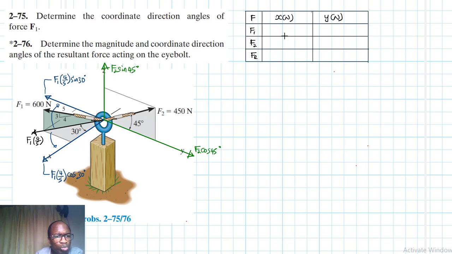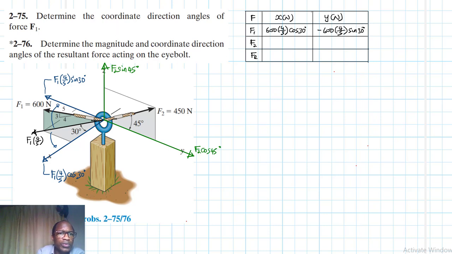F1, that's a positive 600 by 4 divided by 5 cos 30, right? And then we have the y-axis. Y component is negative 600 by 4 divided by 5 sine 30.